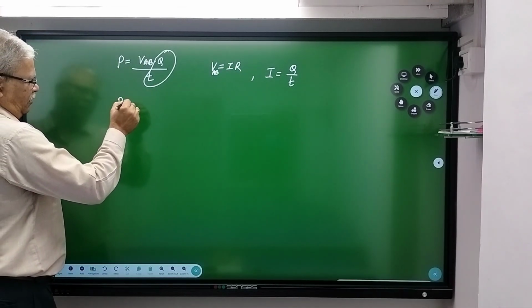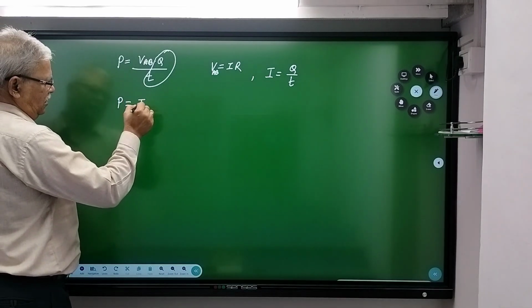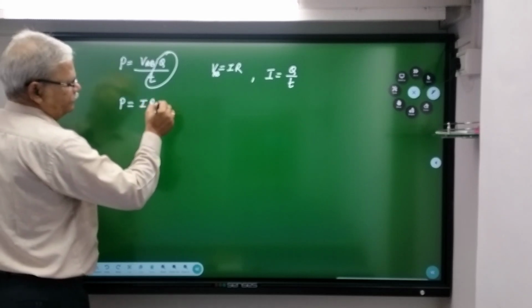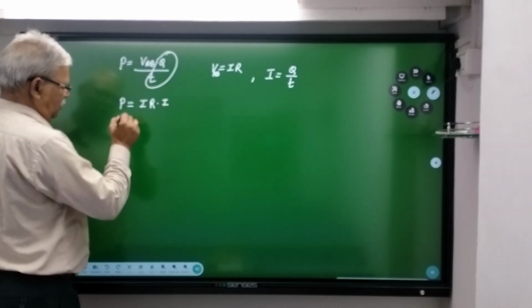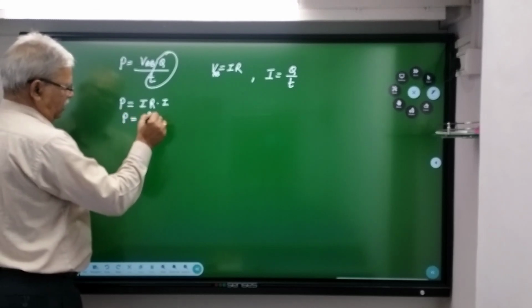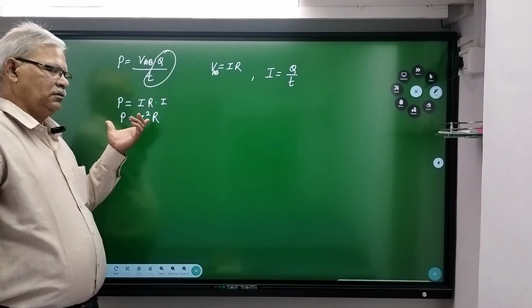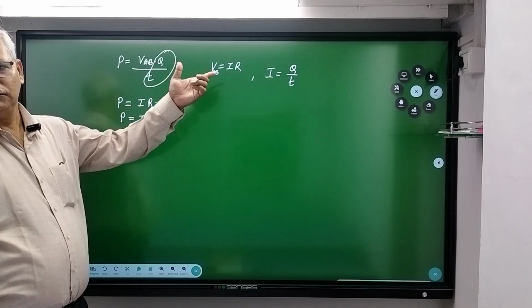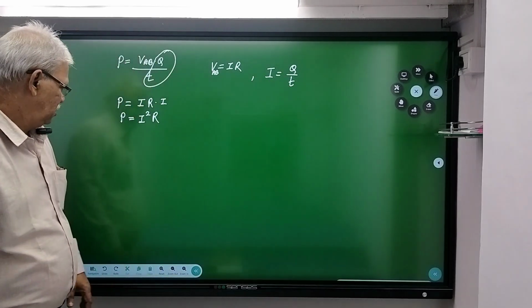Therefore P = I square R. This is the power consumed while the charge Q is flowing from A to B.